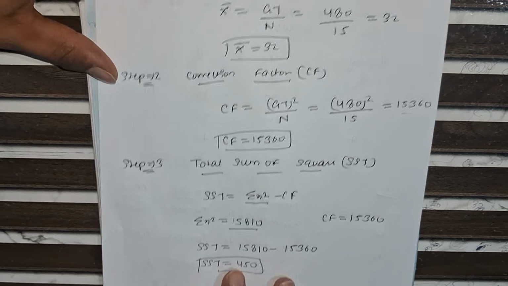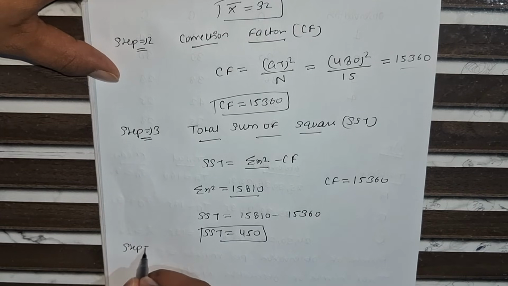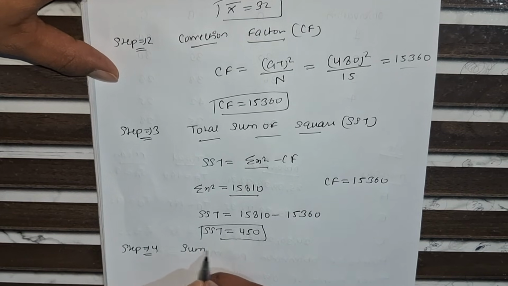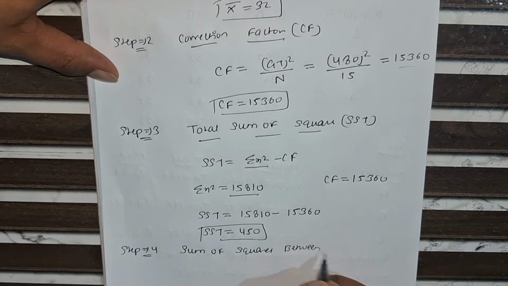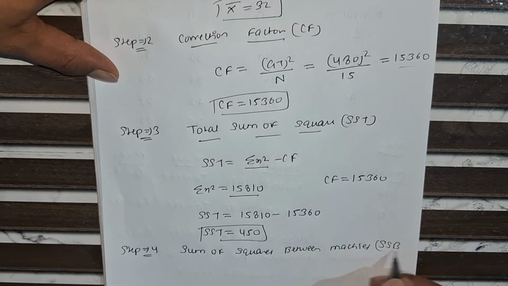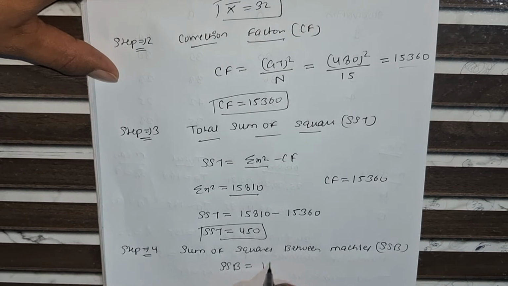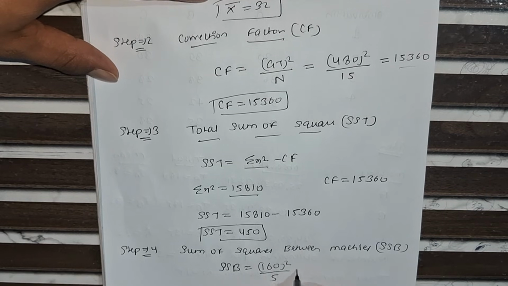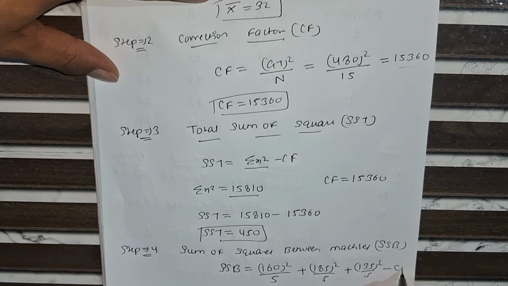Now move to our fourth step, where we are finding sum of square between the machines. So our step 4 is sum of square between machines, which can be represented as SSB. So SSB equals to 160 whole square divided by number of observations for a particular machine, which is 5, plus 185 square by 5 plus 135 square by 5 minus CF, our correction factor.